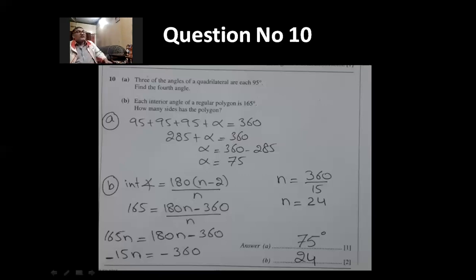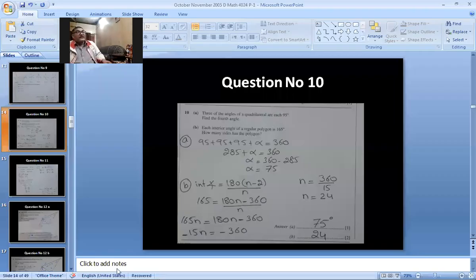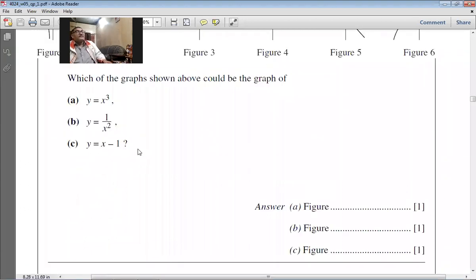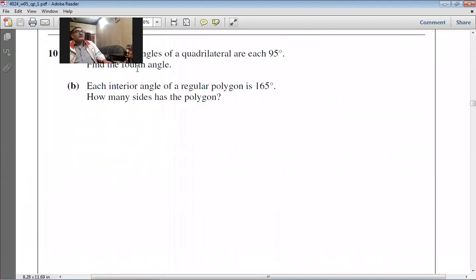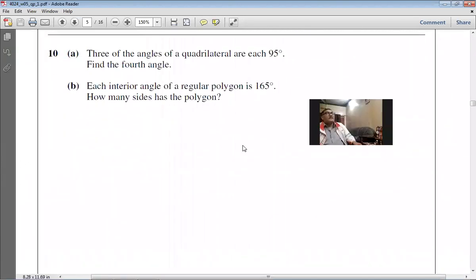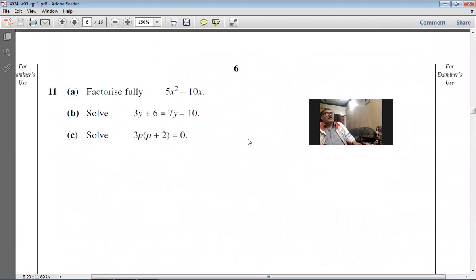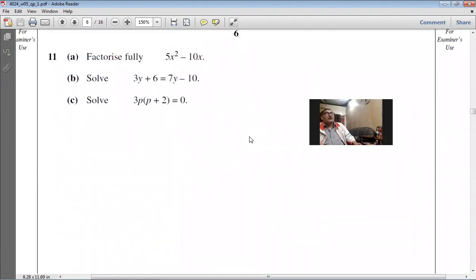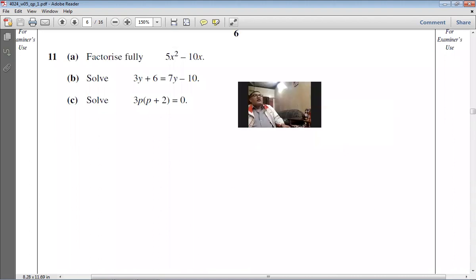So the next question is coming up on your screen, and that is question number 11. It says factorize fully. The first statement given is 5x squared minus 10x.